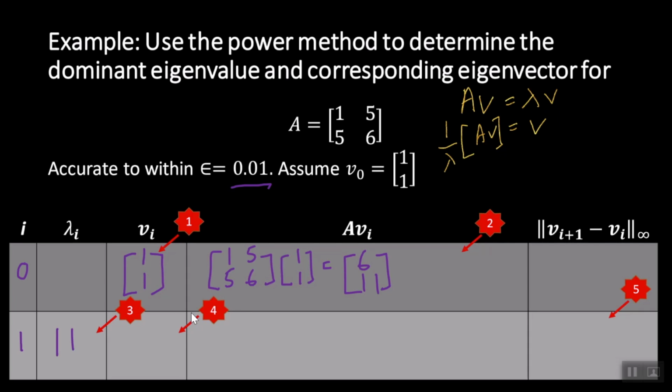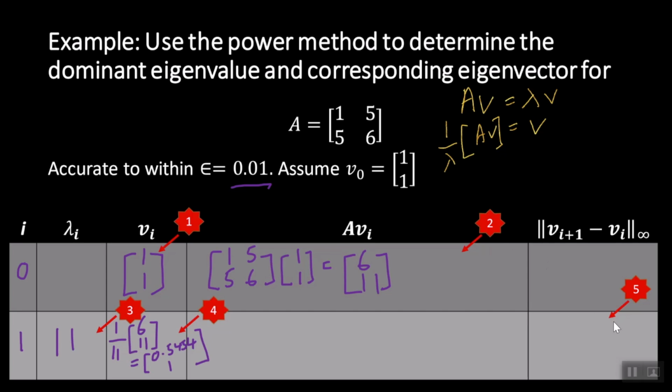So in step number 4, I would be computing V using the formula 1 over lambda multiplied by AV. So 1 over 11 multiplied by the vector AV, 6 and 11, gives us 0.5454, 1. Okay, so that is step number 4.